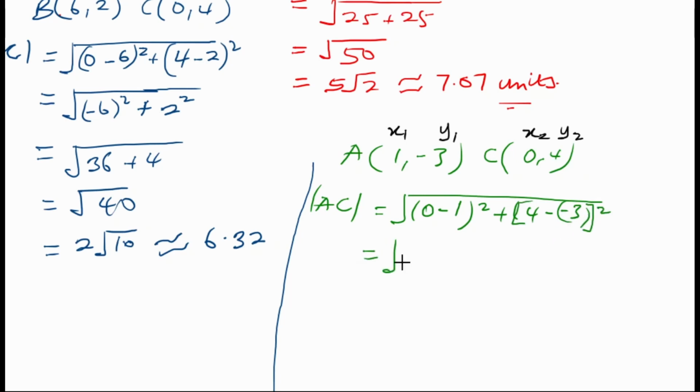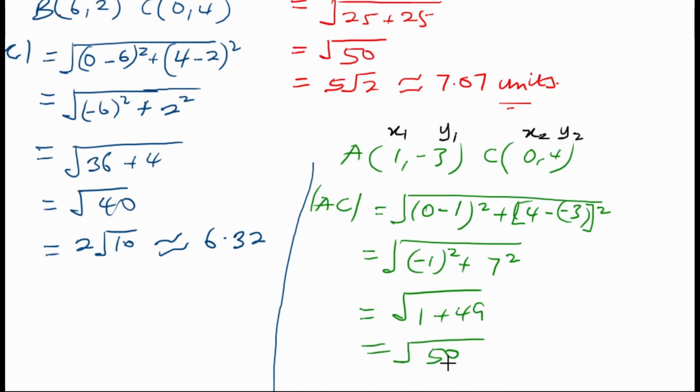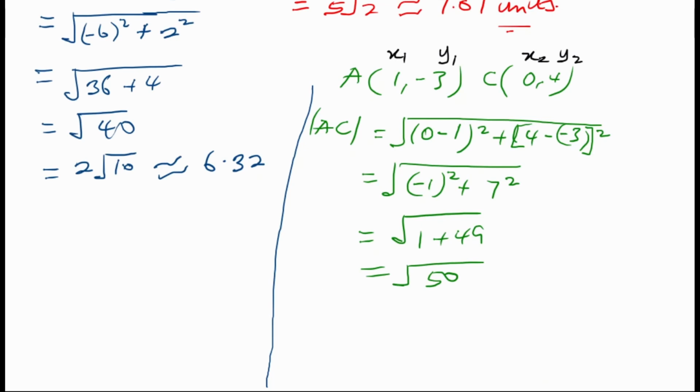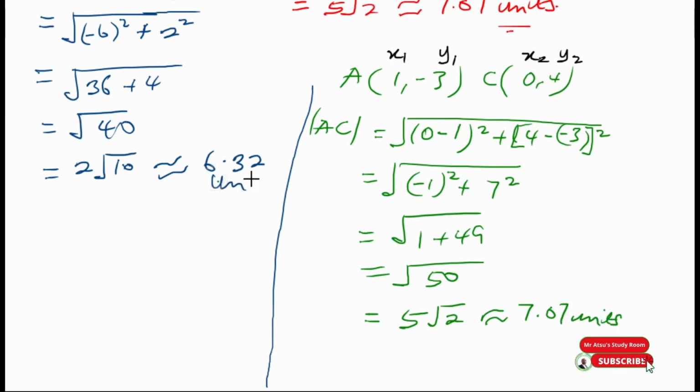Then simplifying further, this gives us negative 1 squared plus 4 minus negative 3 is 4 plus 3, so 7 squared. And this gives us the square root of 1 plus 49, which is the square root of 50, which when reduced becomes 5 root 2, which is approximately 7.07 units.